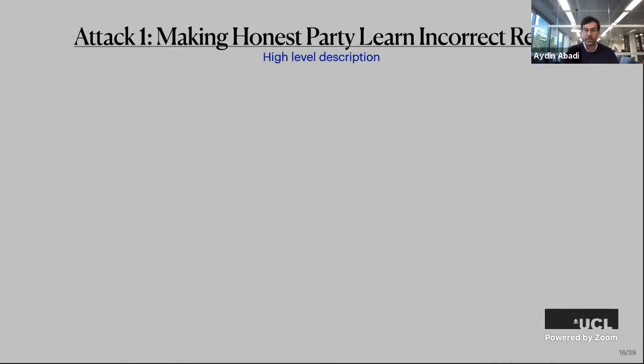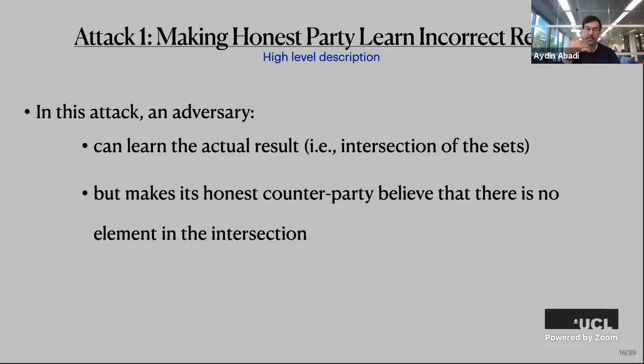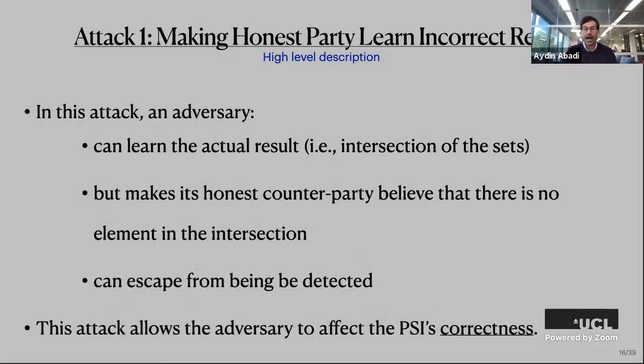Now I'm going to briefly explain each attack. Just as a side note, for the sake of simplicity, I'll explain the attack for the two-party PSI, but these attacks can be applied to the other two protocols as well. In attack 1, the adversary, as I mentioned, can learn the actual intersection of the sets, so it can learn the correct results.